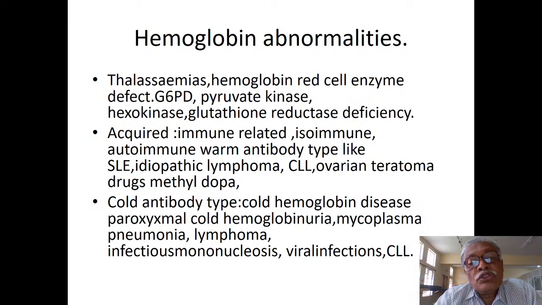These are all acquired. People who have been taking methyldopa for many years can develop the acquired immune-related, isoimmune, autoimmune, warm antibody type. Any type of autodestruction of RBCs can result in SLE and all these diseases like chronic lymphocytic leukemia, idiopathic lymphoma where the cause is not known, ovarian teratoma, and drugs like methyldopa.